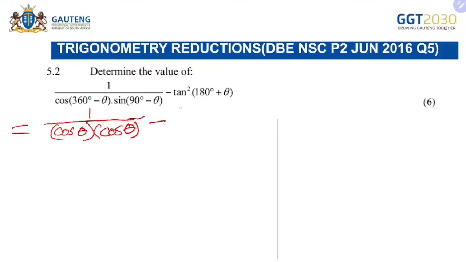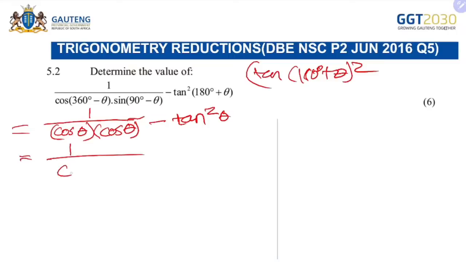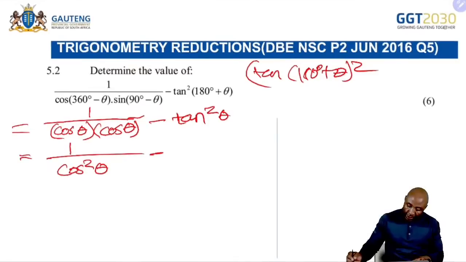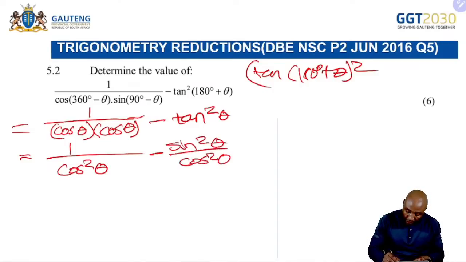remember I can write this as tan 180 plus theta all squared. This is the same as writing minus tan squared theta. From there on, I'm able to write this as 1 over cos squared theta minus, I know that tan squared is an identity, sine squared theta over cos squared theta.